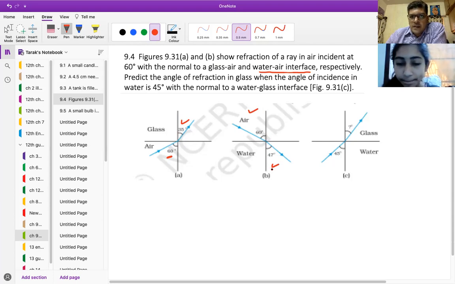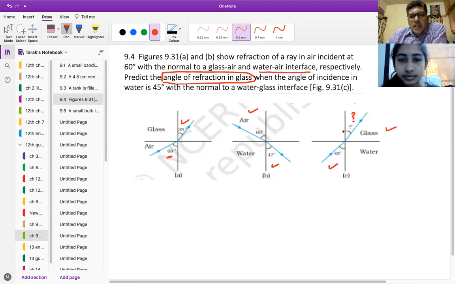We have to find out the angle of refraction in the glass for the third figure, where my ray is entering at 45 degrees into the glass medium, but we don't have the value of the angle.